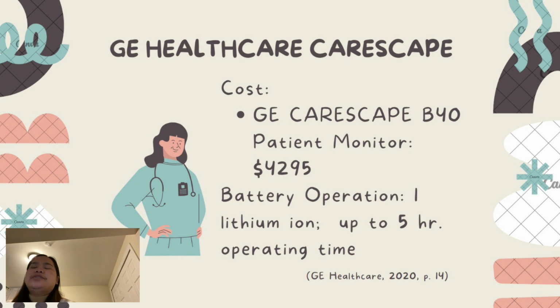So we now have the cost of one monitor. A specific model of a GE CARESCAPE monitoring system such as the B40 usually costs around 4,295 Canadian dollars. As for its battery operation, each battery is lithium-ion and it can operate up to 5 hours.